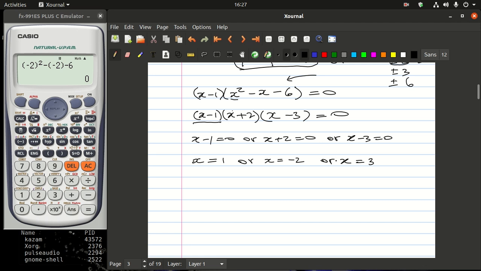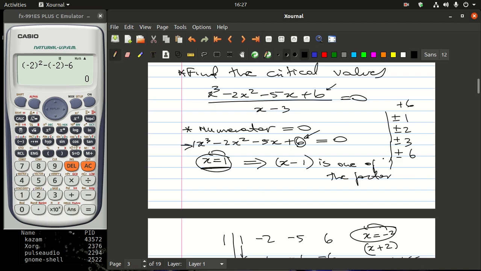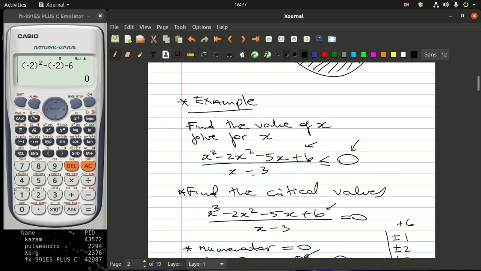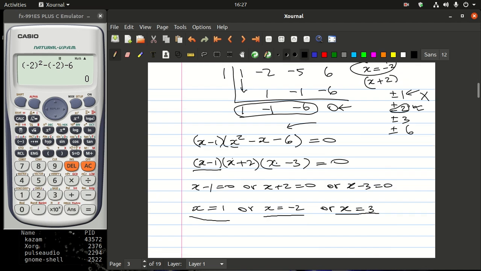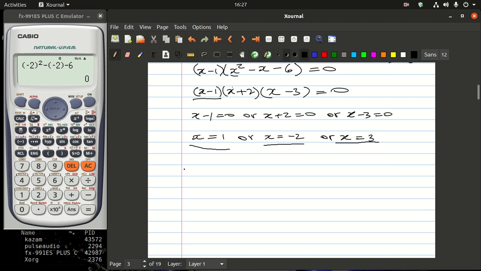Now we have this, we have that, we have that. This is the information we're getting from the numerator. Now let's go to the denominator. If you look at the denominator, note that when x minus 3 is equal to 0, the given equation is undefined.